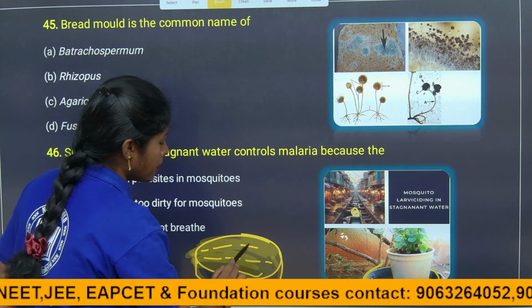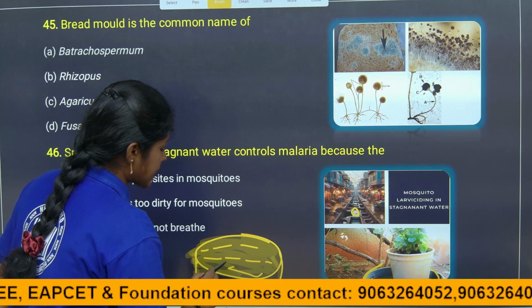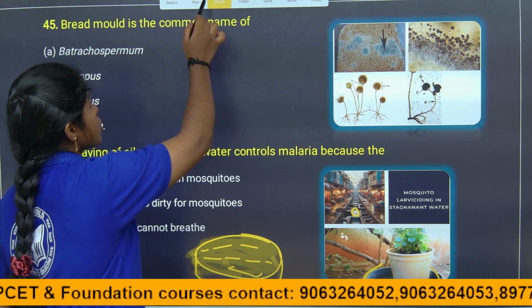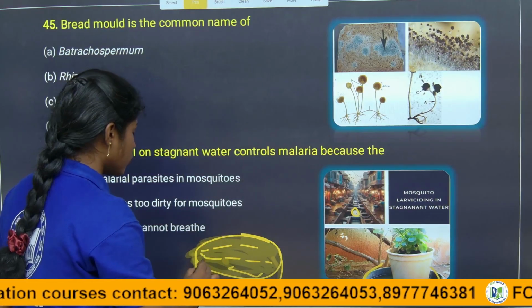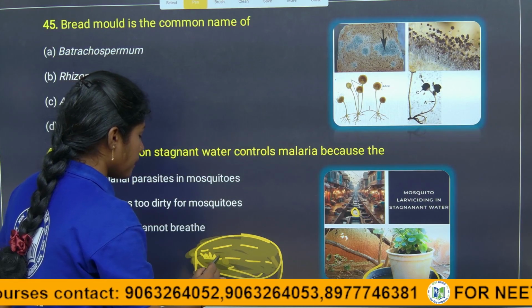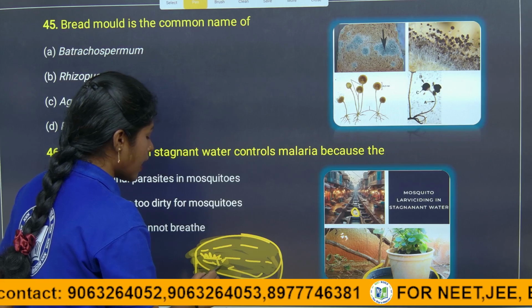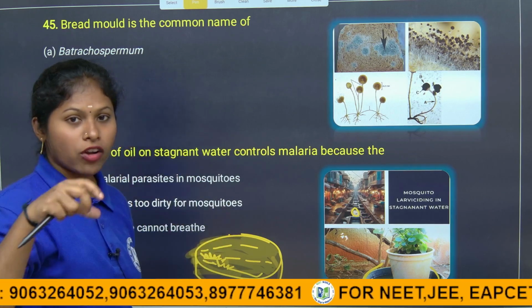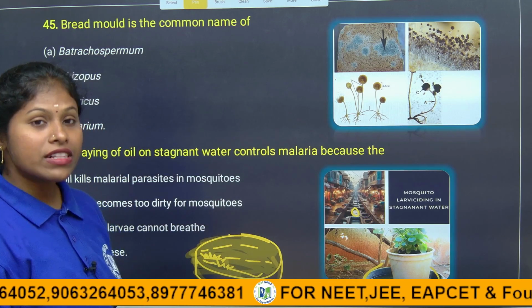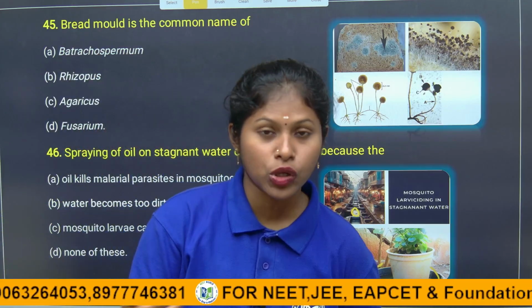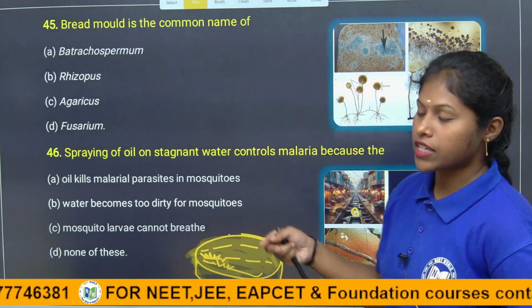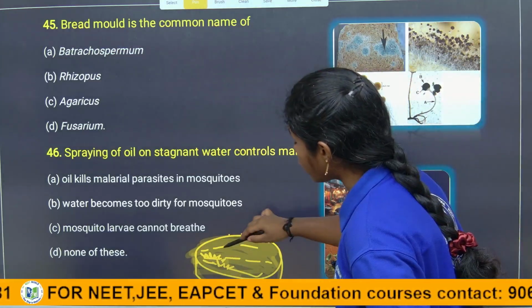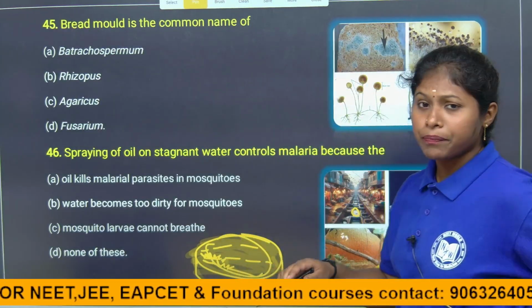The mosquito lays eggs in the stagnant water. When they are in contact with the atmosphere, they get atmospheric oxygen, so the larval stage of the mosquitoes continues and at last it gives rise to mosquitoes. If you pour the oil on it, what will happen?